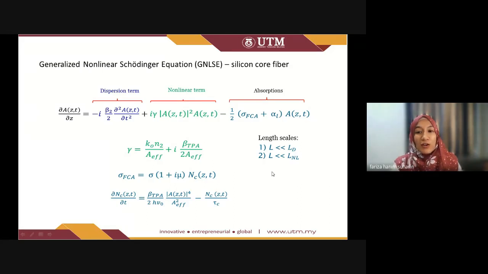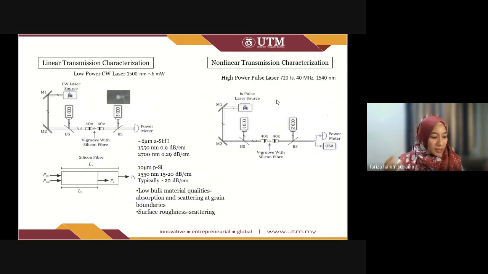So it's a very short length of optical fiber, and depending on whether the length is lower than the dispersion length or lower than the nonlinear length, different terms are going to play a role during propagation. Because the length that I'm using is very small, less than the dispersion length, we can cancel the dispersion term in the generalized nonlinear Schrodinger equation to give the nonlinear and absorption terms that affect the propagation of pulses in the core of optical fibers. So that's the basics of the equation that describes how these pulses travel inside the core of high index, highly nonlinear materials.